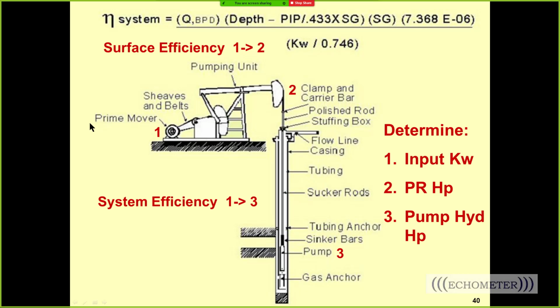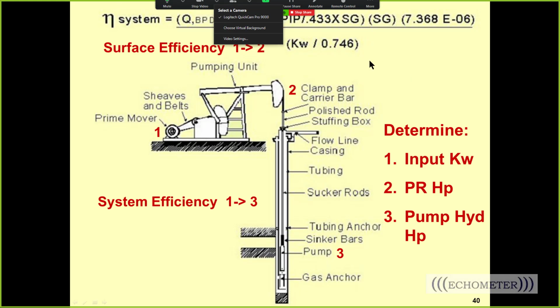And so when Jim McCoy and Jim Lee and I were arguing about the system efficiency of a well, we said you've got to take into account the gradient of the inside and the gradient of the outside of the fluid. So you need to work off the pump intake pressure and the tubing fluid gradient to come up with the correct hydraulic system efficiency and the correct hydraulic horsepower.